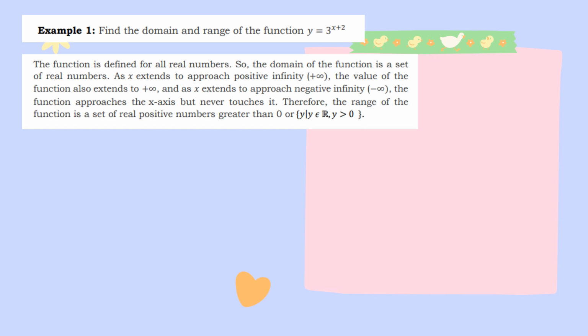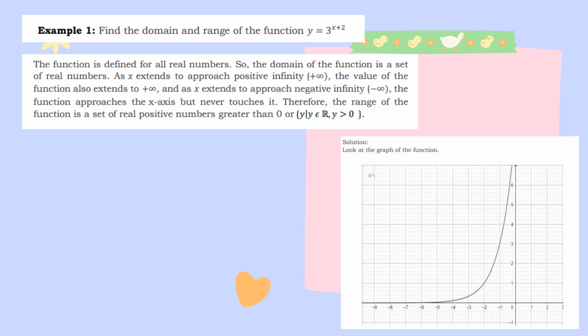As it extends to approach positive infinity, the value of the function also extends up to positive infinity. Meaning, yung y values to. As it extends to approach negative infinity, the function approaches the x-axis but never touches it. Therefore, the range of the function is the set of real numbers greater than 0.